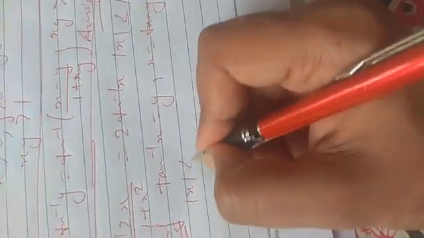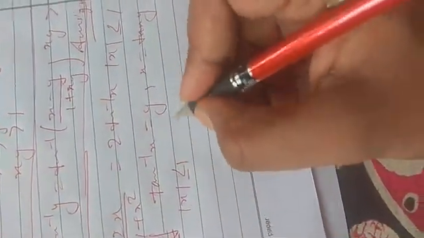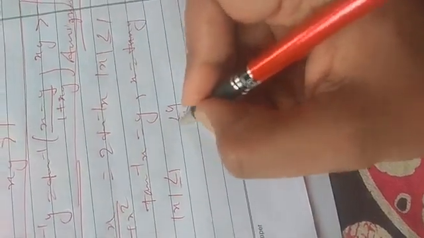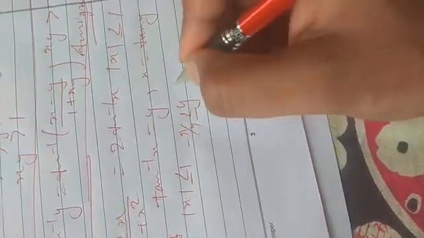We can have the condition now for mod x less than or equal to 1, which means that y is greater than or equal to minus pi by 4 and less than or equal to pi by 4.